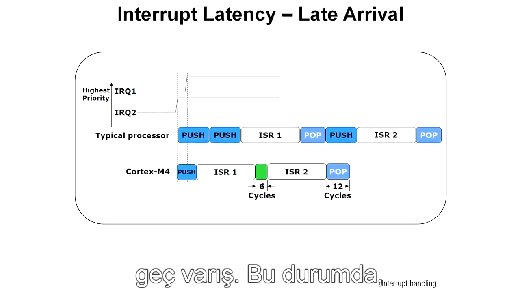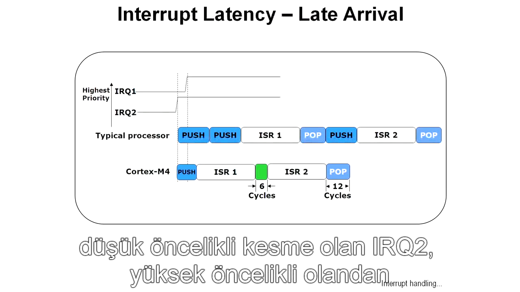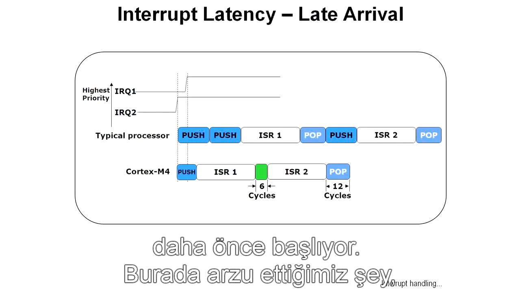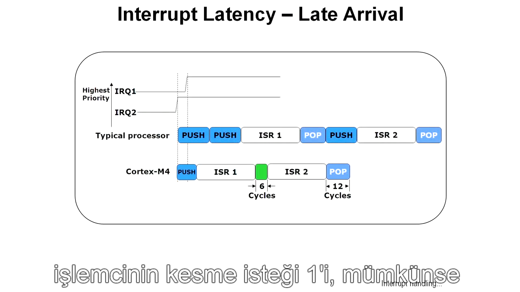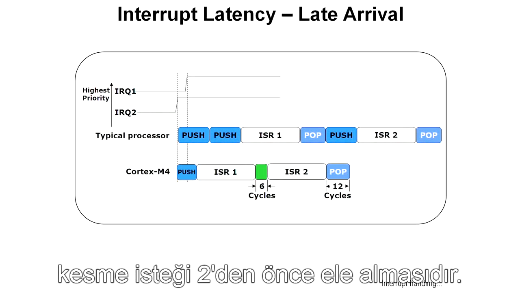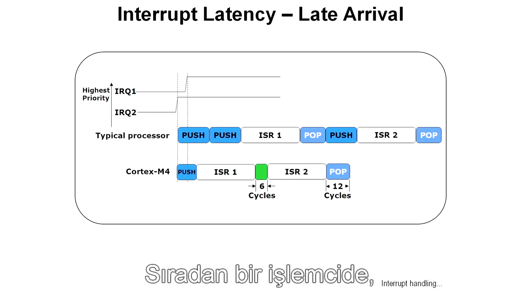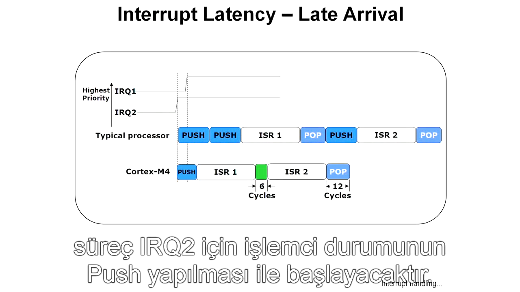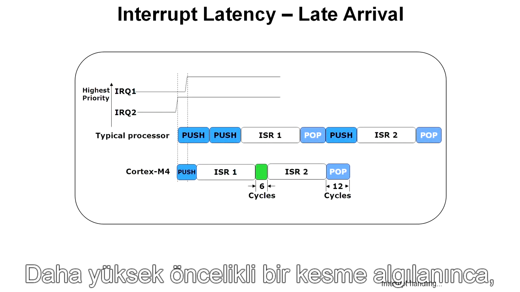The next NVIC interrupt latency issue to look at is late arrival. In this case, we have the lower priority interrupt, IRQ2, going off before the higher priority. What we'd really like is for the processor to handle interrupt request 1 before interrupt request 2, if that's possible. In a typical processor, it would be starting to push the status of the processor for IRQ2.